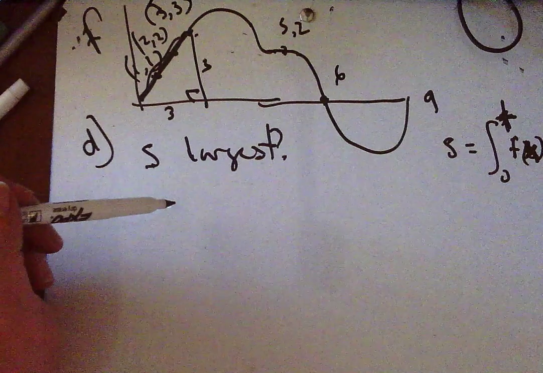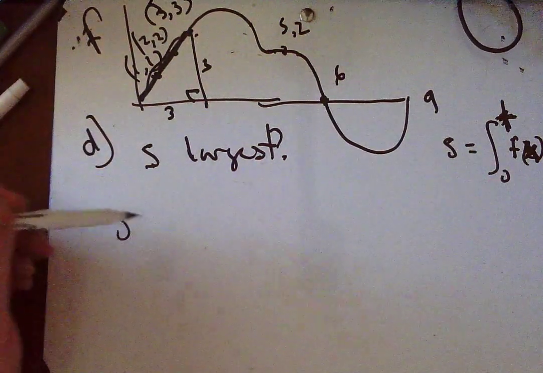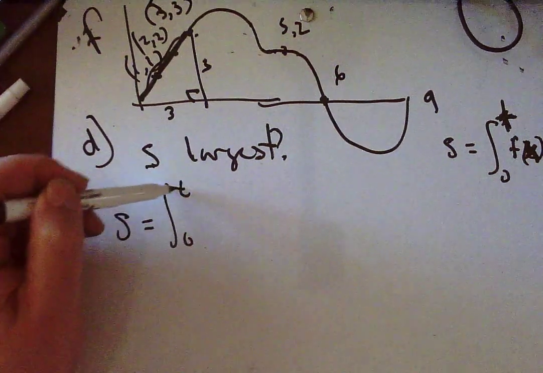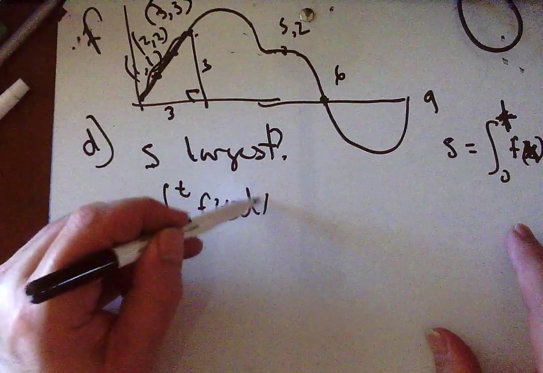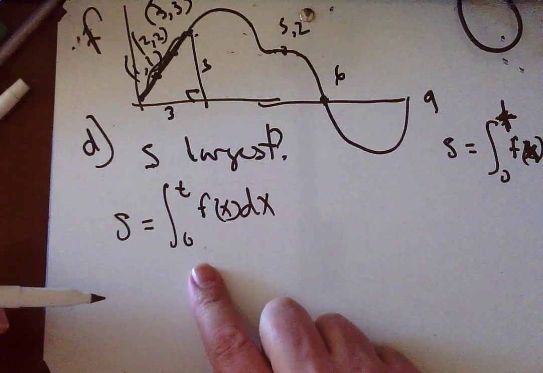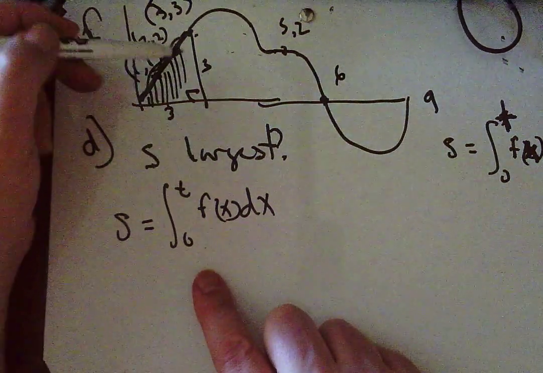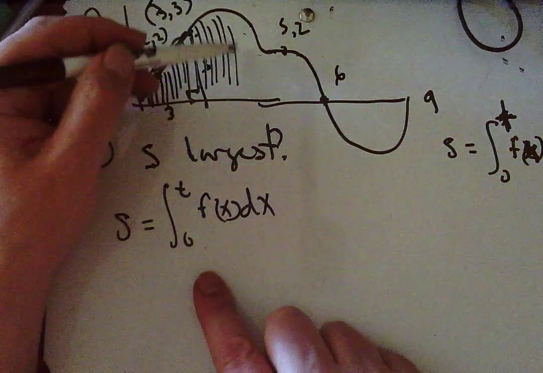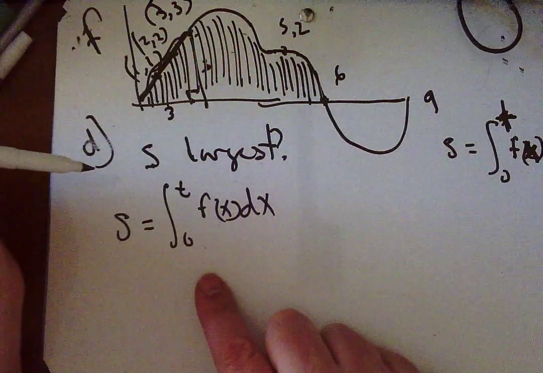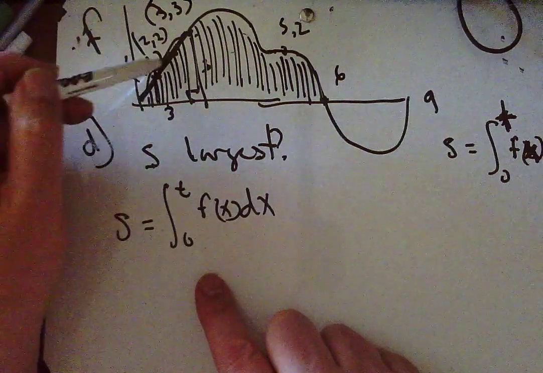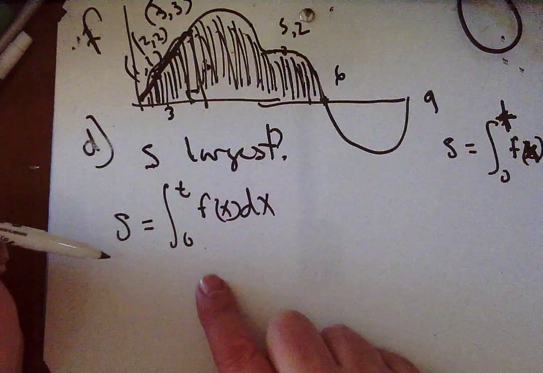Well, let's think about this. Over here, S equals the integral from 0 to t of this graph. And integral means area under the curve. Okay. Bigger, bigger, bigger, bigger, bigger. S is getting bigger and bigger and bigger because we keep adding more and more area to the amount that we have.